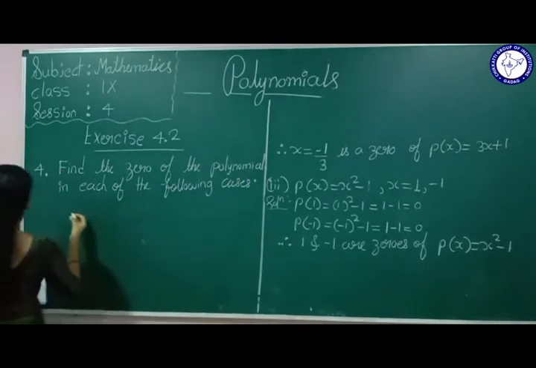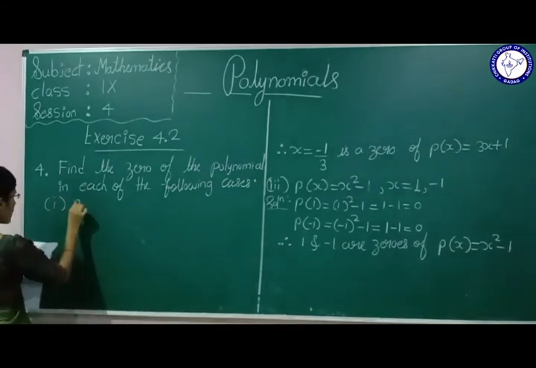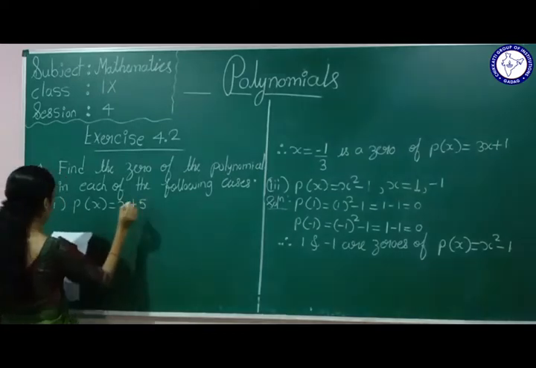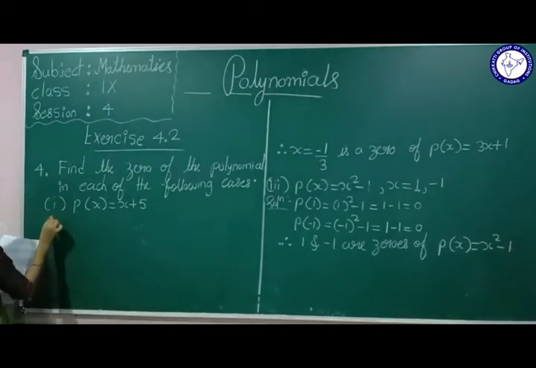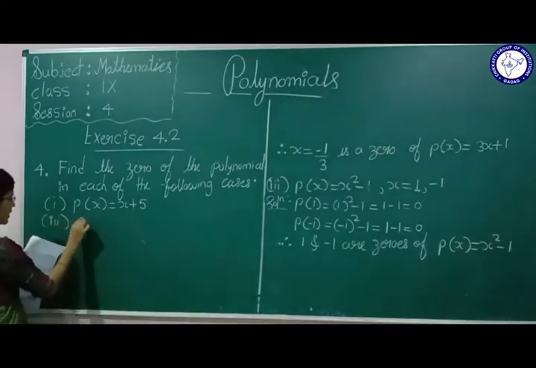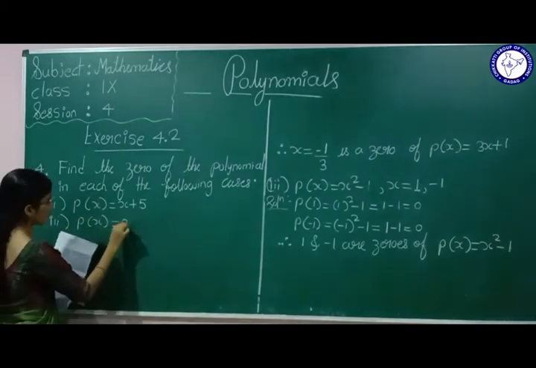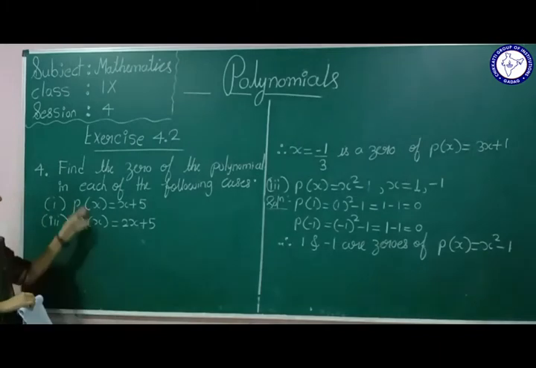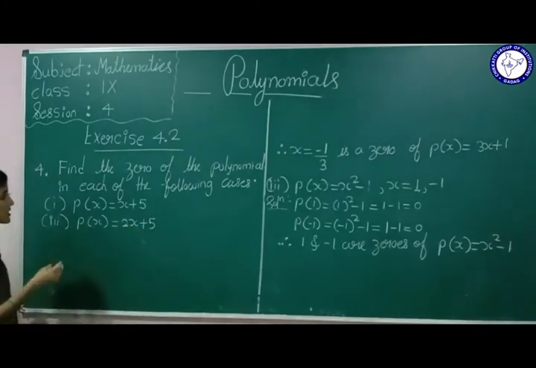First one, p of x is equal to x plus 5. Third one, p of x is equal to 2x plus 5. Now see here, we have to find the zero of the polynomial.